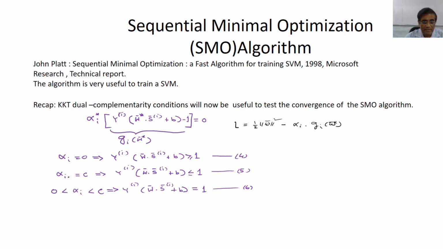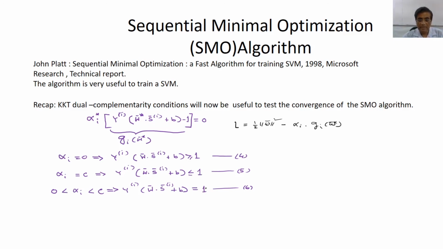And then you have seen that in the soft margin support vector machine, alpha is lying between 0 and C. So alpha i, if it is equal to C, then this is less than or equal to 1. And in between, if it is lying between 0 and C, then this is equal to 1.